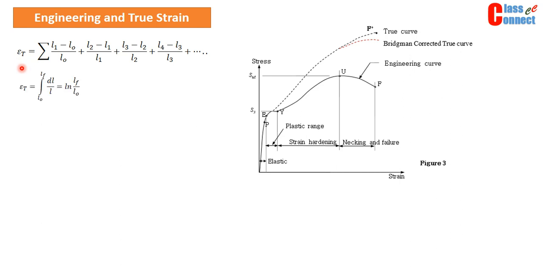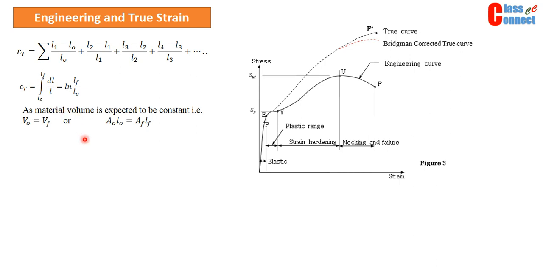So for a continuous curve, we can have this dL over L in differential form, and we can integrate this from L naught to LF to get the final value of true strain. This integration gives us the true strain as the natural log of LF over L naught.